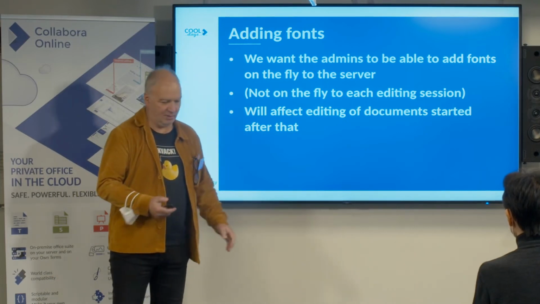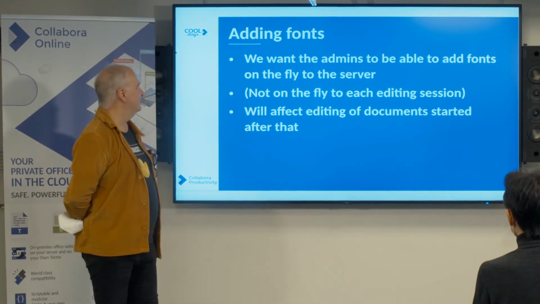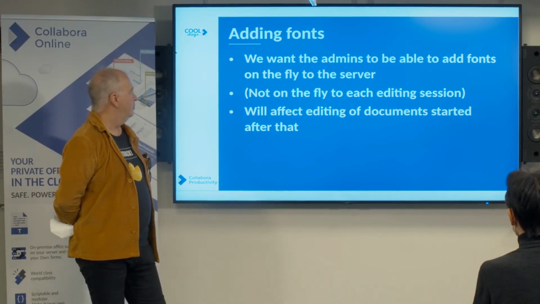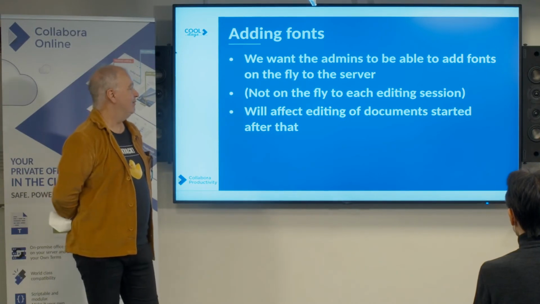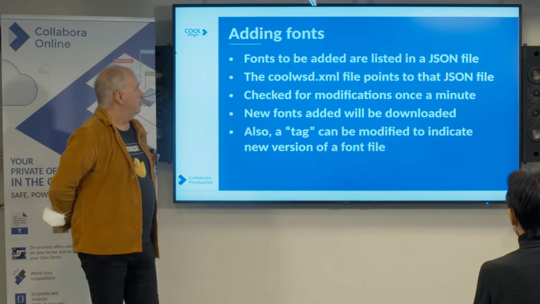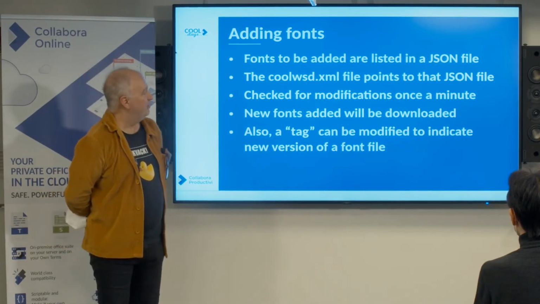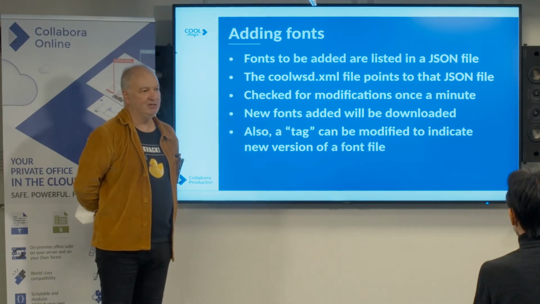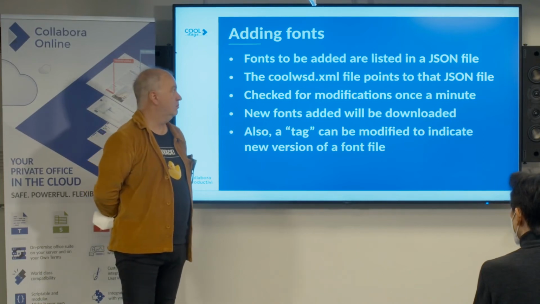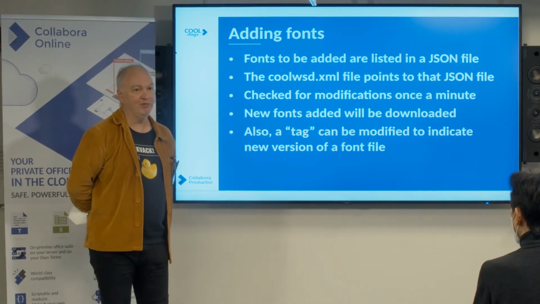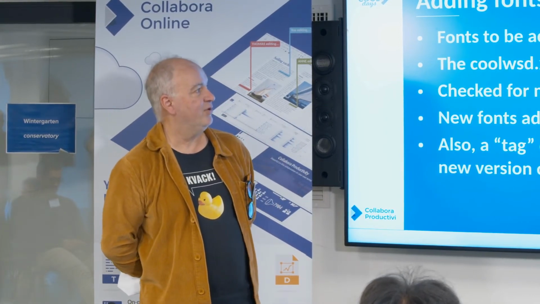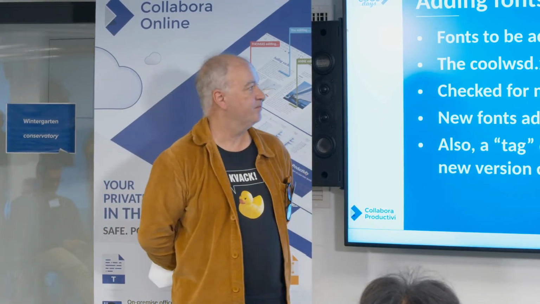And now to the other aspect of this, adding fonts to the cool server. As I said, we want it to happen without having to restart the server. It's implemented so that you can have a JSON file that simply lists some URLs that point to individual font files, and then the cool configuration file points to this JSON file.